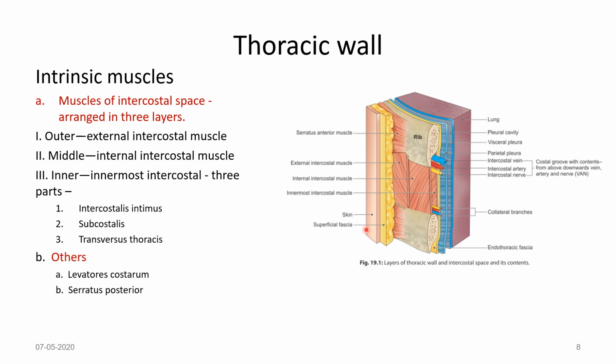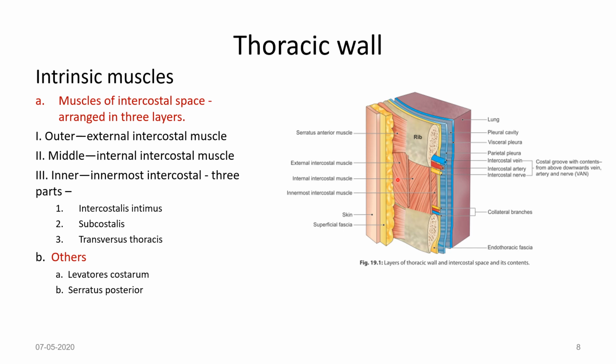In this picture, you can see the skin, the superficial fascia and the extrinsic muscles in that region, that is the serratus anterior muscle, which you are seeing because it is from the lateral chest wall.